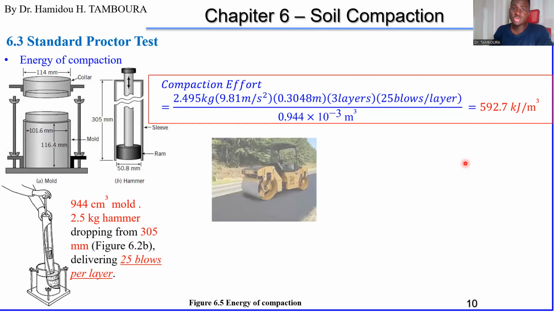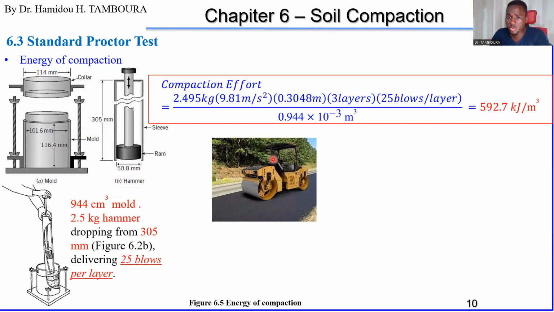Because when you use this machine, for example, this compactor, to compact the soil, or this asphalt, you know the energy of this machine, and you know the energy necessary for compaction of 1 cubic meter.